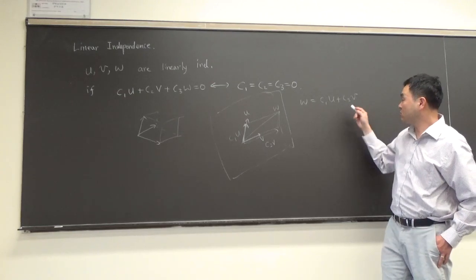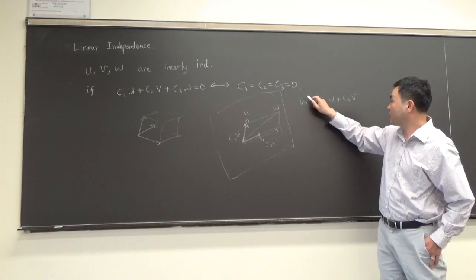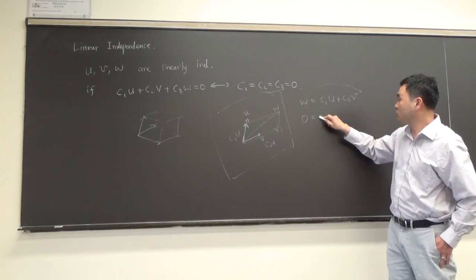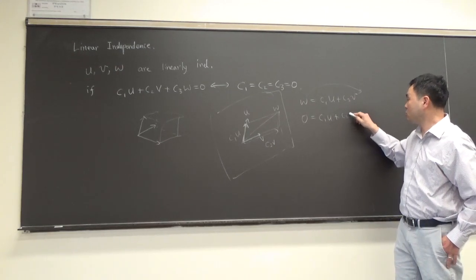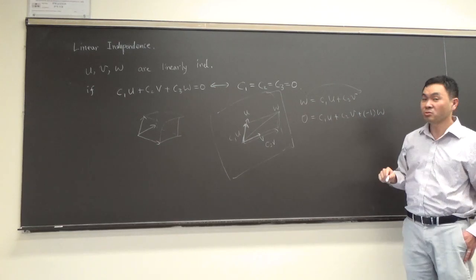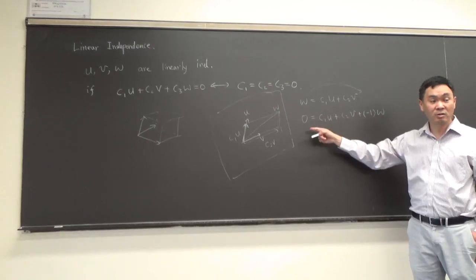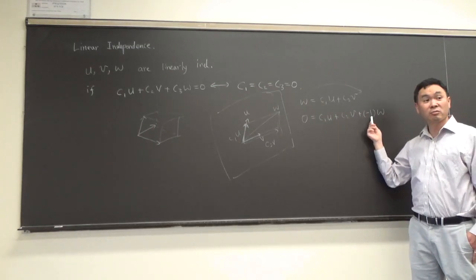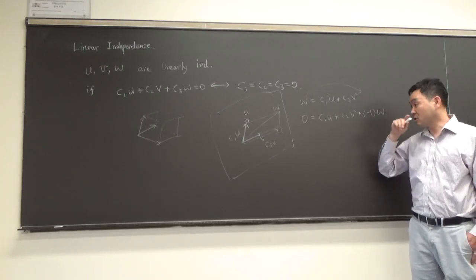But now look at what this is. It's saying that if I move this to the other side, then you have 0 equals C1u plus C2v plus -1 times w. So you have C1, C2, C3, at least one of them non-zero. -1 means it's non-zero.